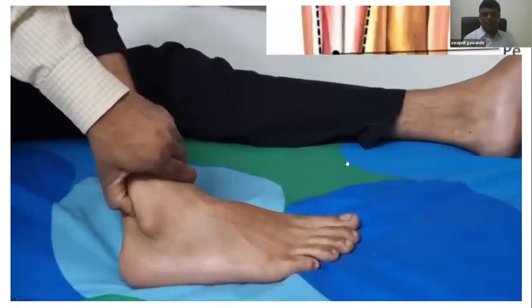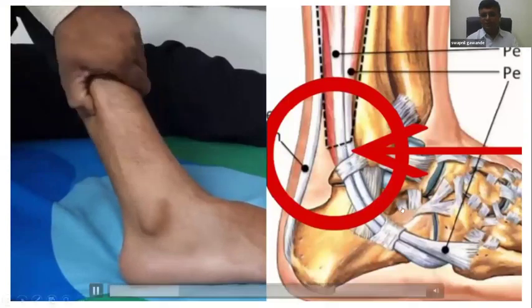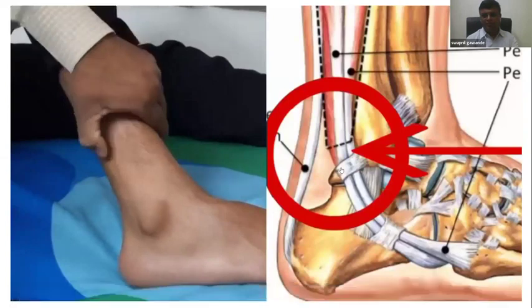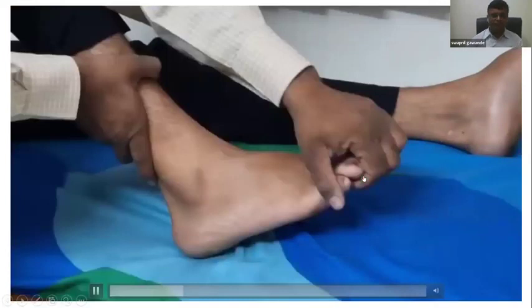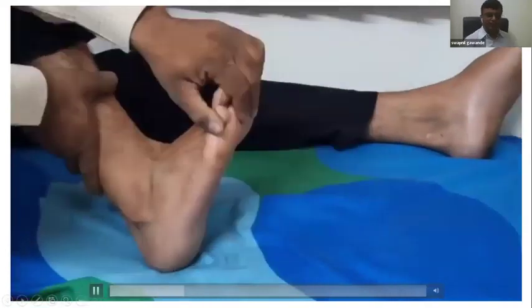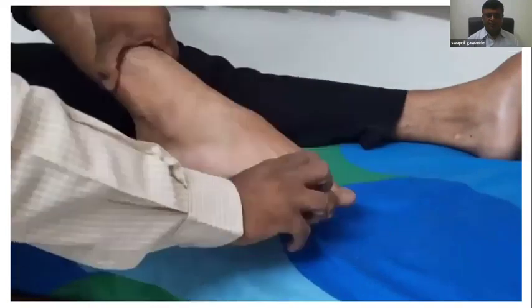Now you can see that here is the site of pain. Actually this is the tendon of the brevis muscle, and that tendon has been hurt.